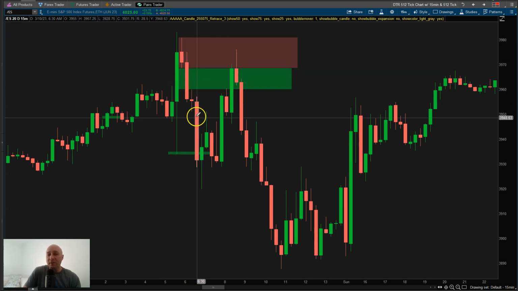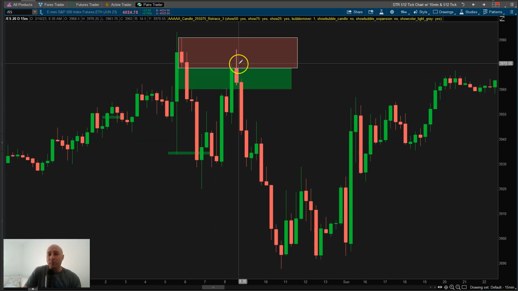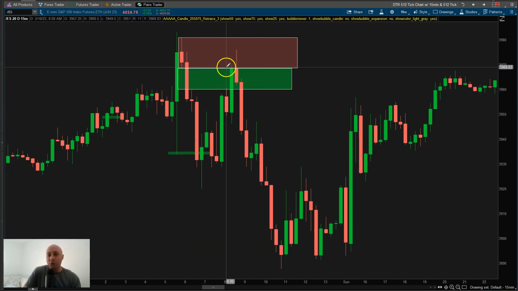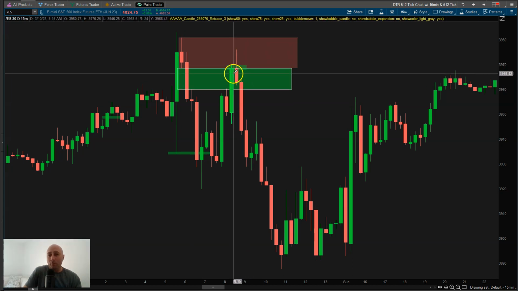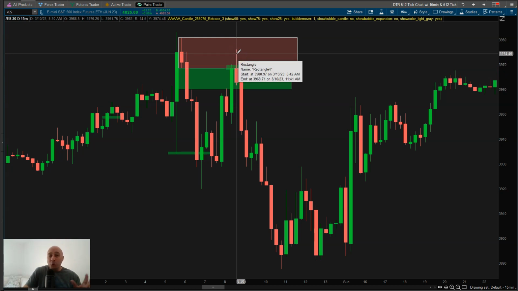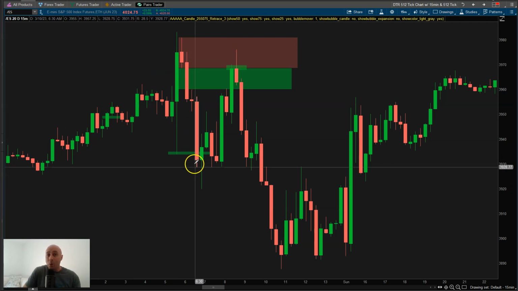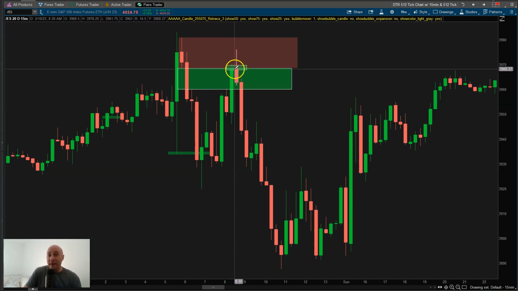As price rallies, I would look to get short right here. I'd have an order to get short. Price would come up and fill me. I know the market has shifted: we were bullish, we did the market shift, so now we're bearish.